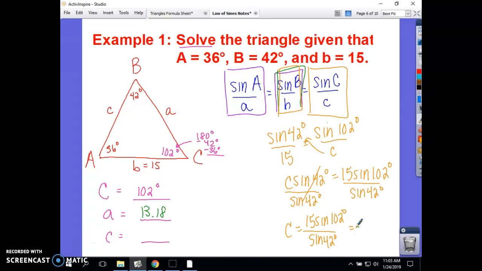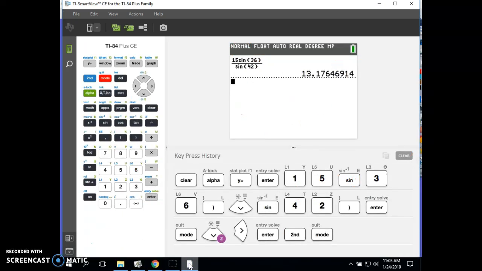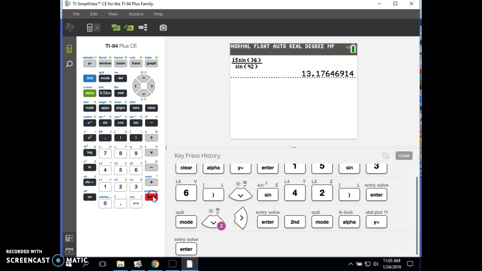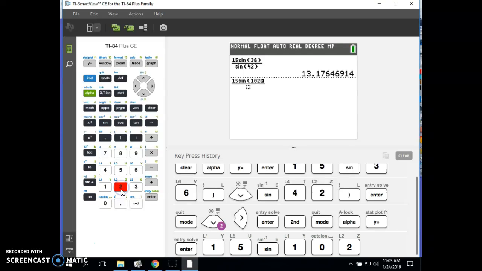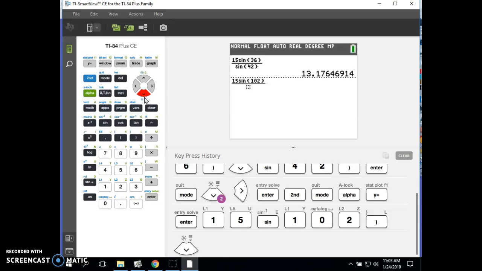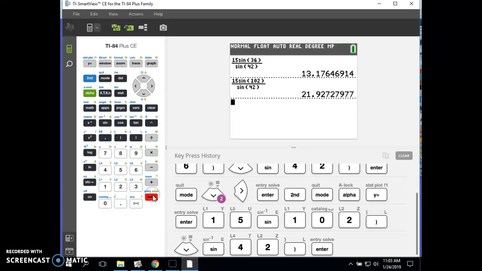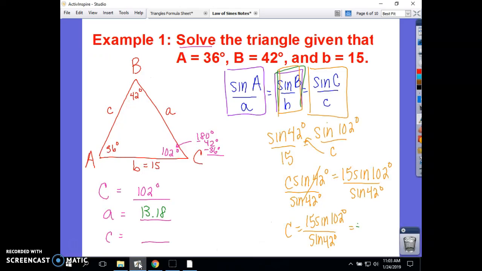So 15 sine 102, divided by sine 42. Okay, so when you're done, you're going to press enter, and it's going to be 21.93, and that is side C.